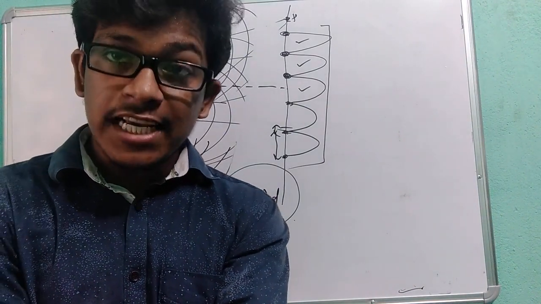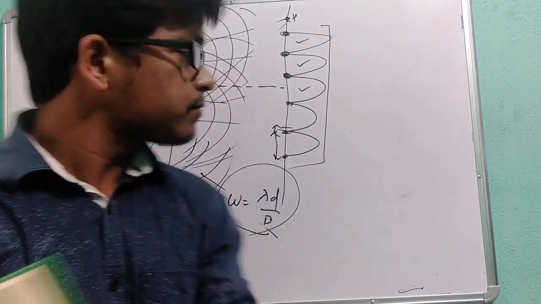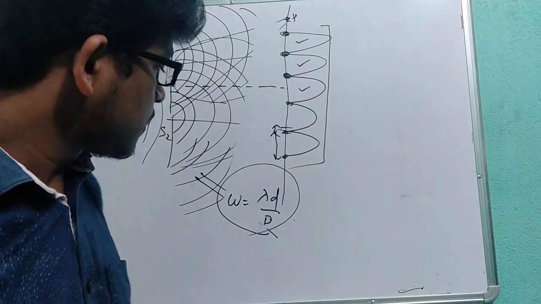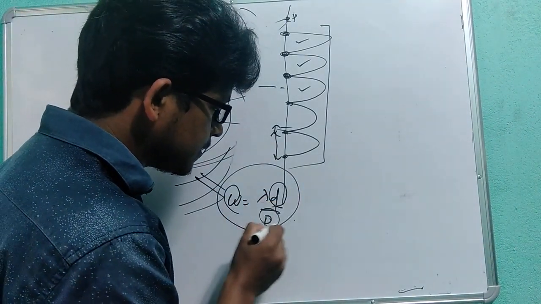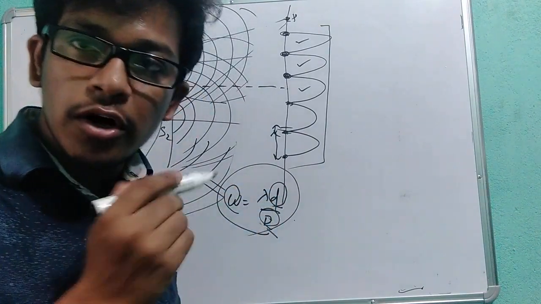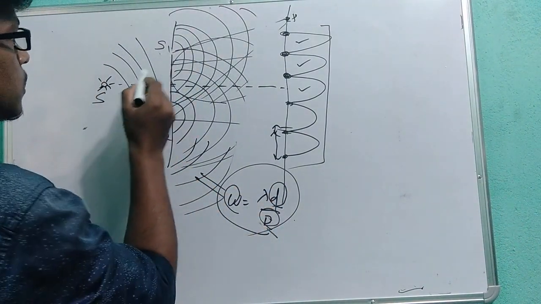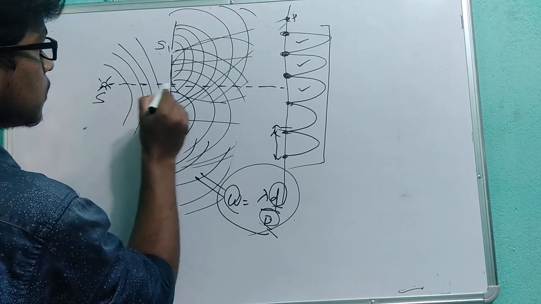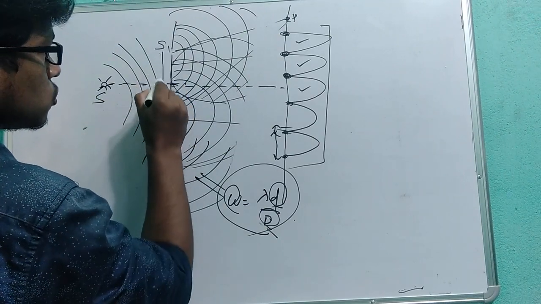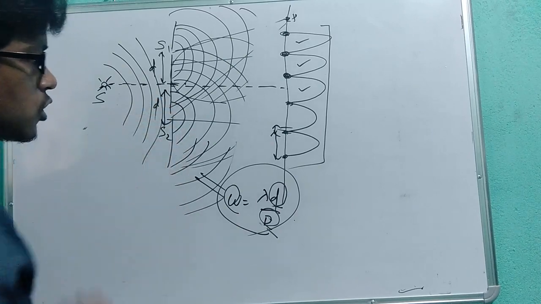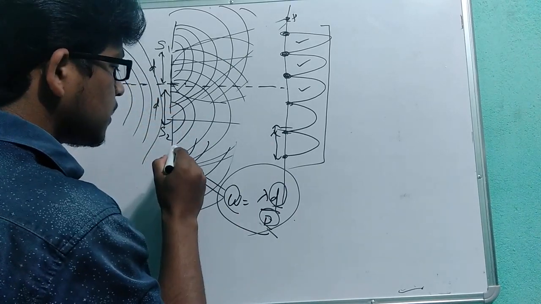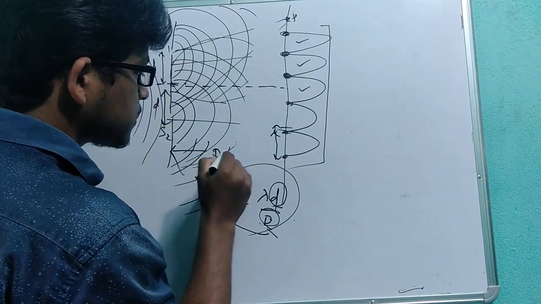So let's see experimentally how we can calculate W, D and small d. What is small d, students? Small d is the distance between source S1 and source S2. And what is capital D? Capital D is the distance between your obstacle and the screen.